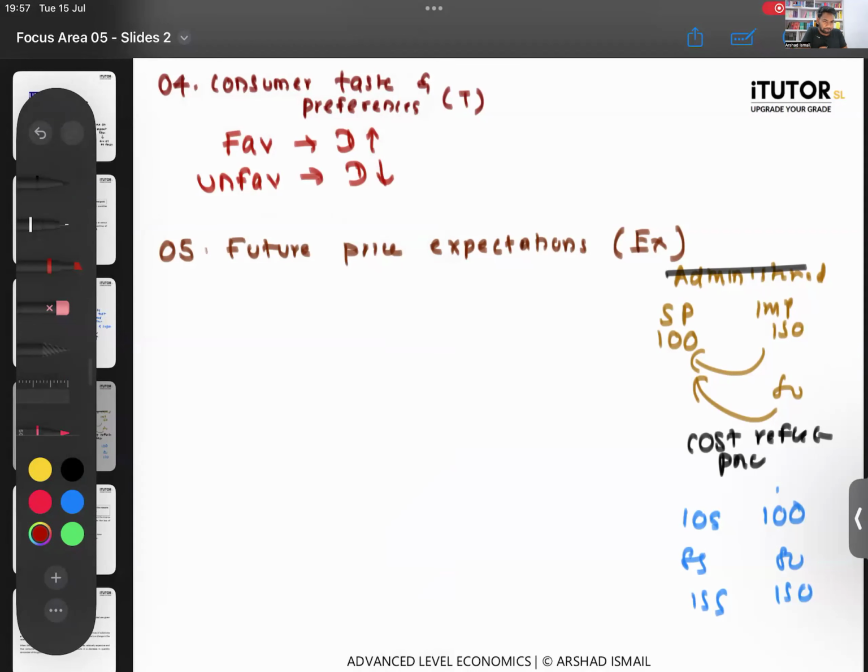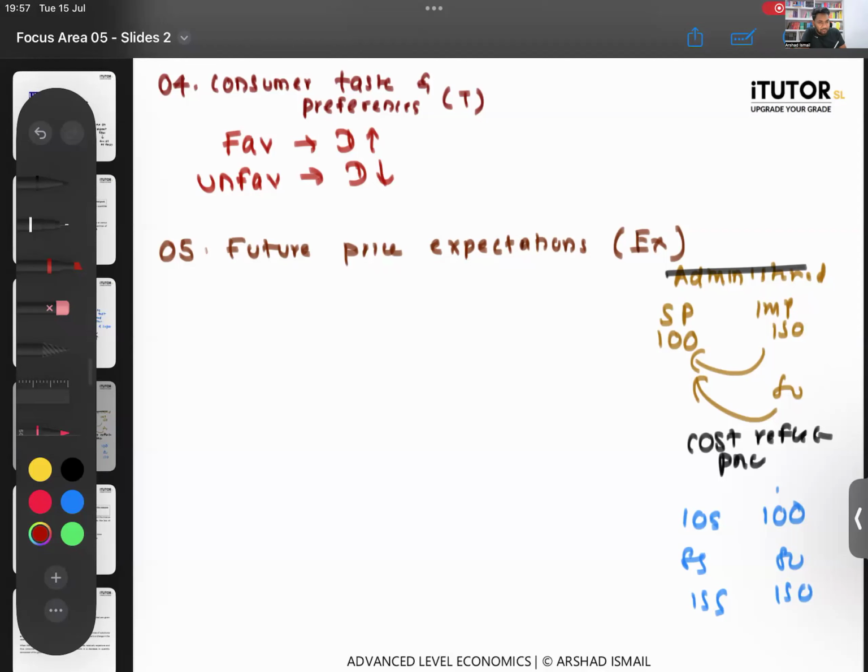Now let's say today is the 30th of July. Let's say we'll go a little bit into the future. Now I know that on the 1st of August prices will change a little.